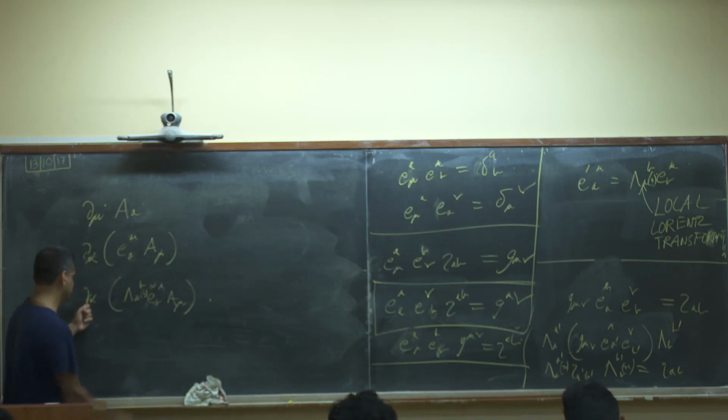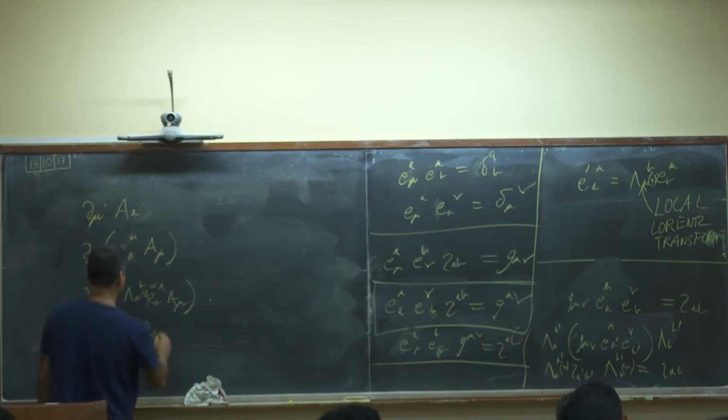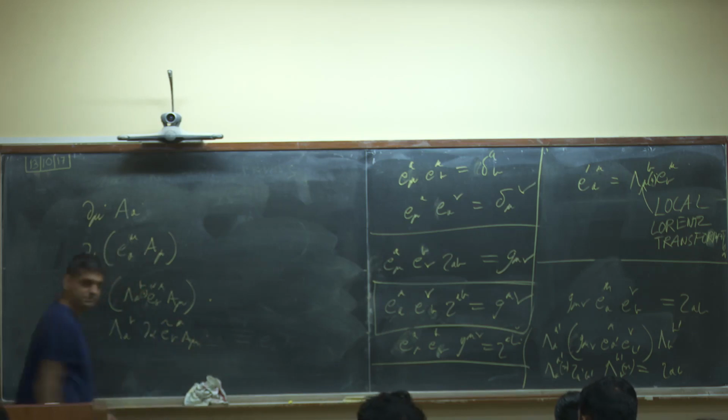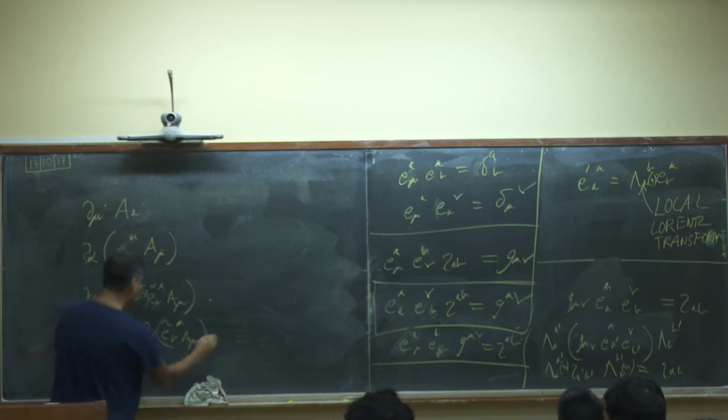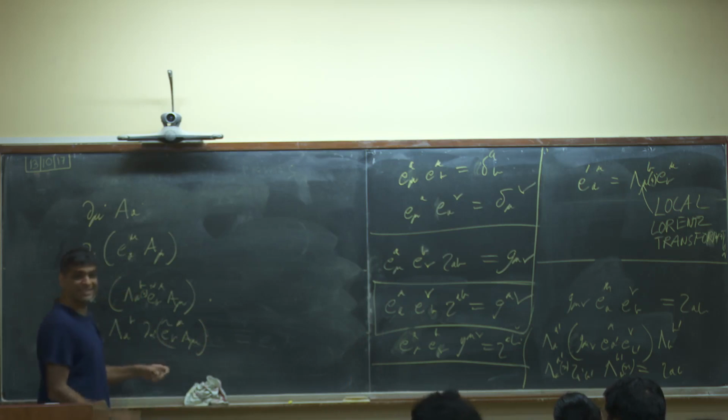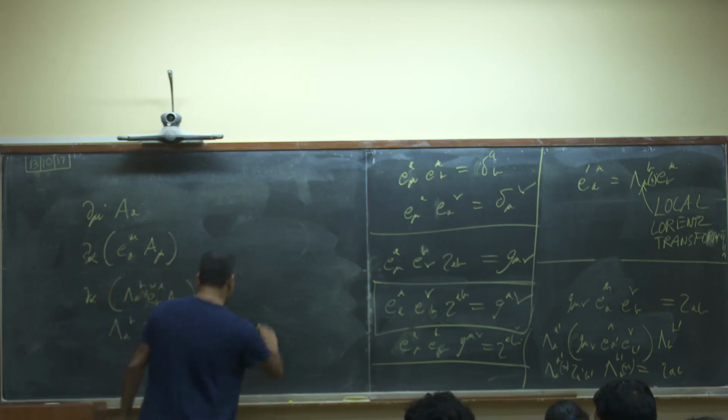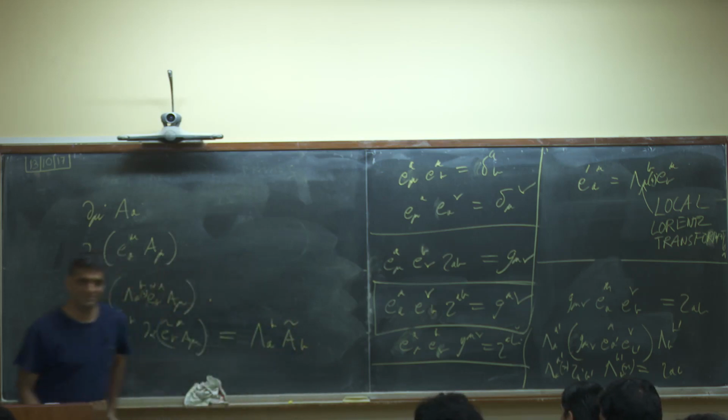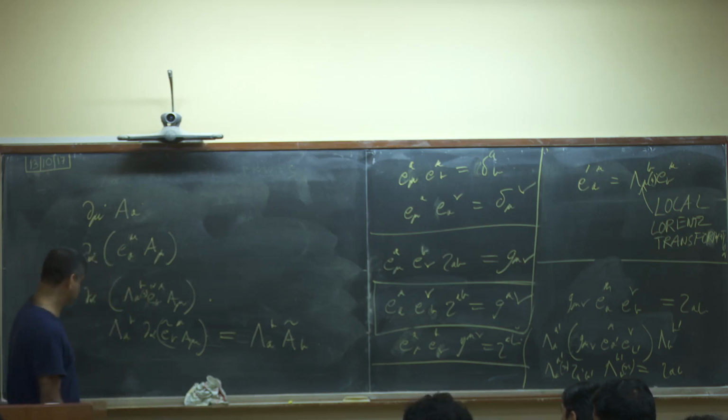There is one term which is just Lambda^A_B times del_alpha of e-tilde^B_mu A^mu. But this e-tilde^B_mu A^mu is A-tilde^B, the A reflected, projected onto the tilde axis.